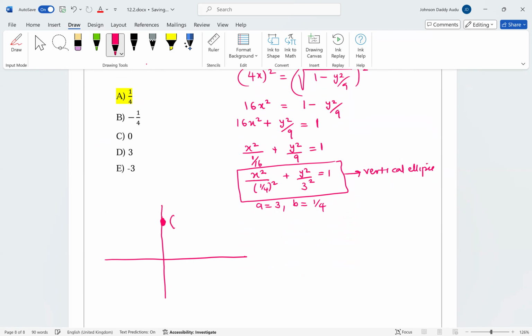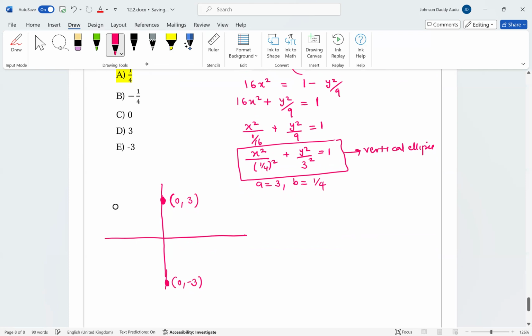This is centered at 0, 0, so you see there is no translation here. So this is going to be 0, 3, right? And the other vertex is going to be 0, minus 3, because our A is associated with the y-axis.